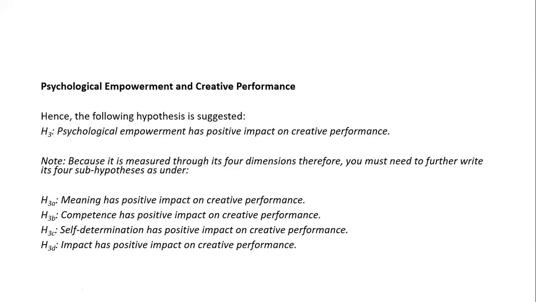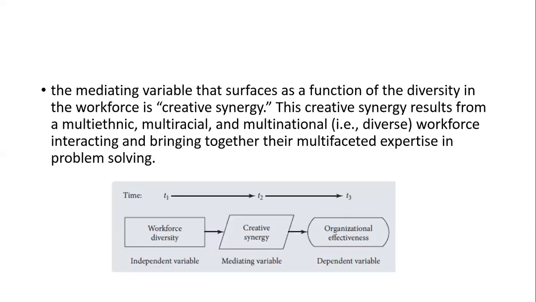So it becomes more than 12 questions. With about 12 questions, we will measure the relationship between psychological empowerment and creative performance. So that's how we make hypotheses for different relationships. This is all.